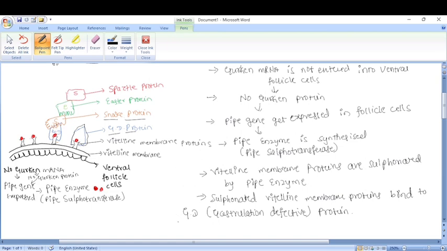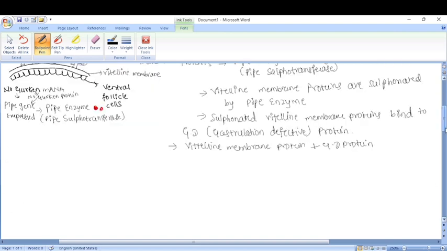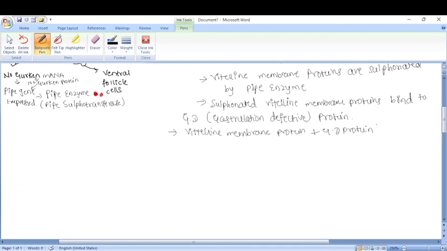This snake protein, firstly, will be in the inactive form. The vitelline membrane protein and GD protein will bind to the snake protein, which is in the inactive form.